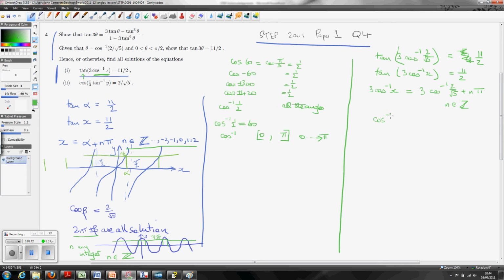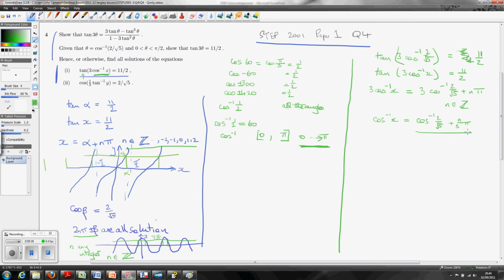Let me just divide by 3 here in this equation. It's cos to the minus 1 of 2 over root 5 plus n over 3 pi. Now, cos to the minus 1 of x has to be between 0 and pi. It's a function. It has to have one value, and we've followed the standard definition to take the value between 0 and pi.